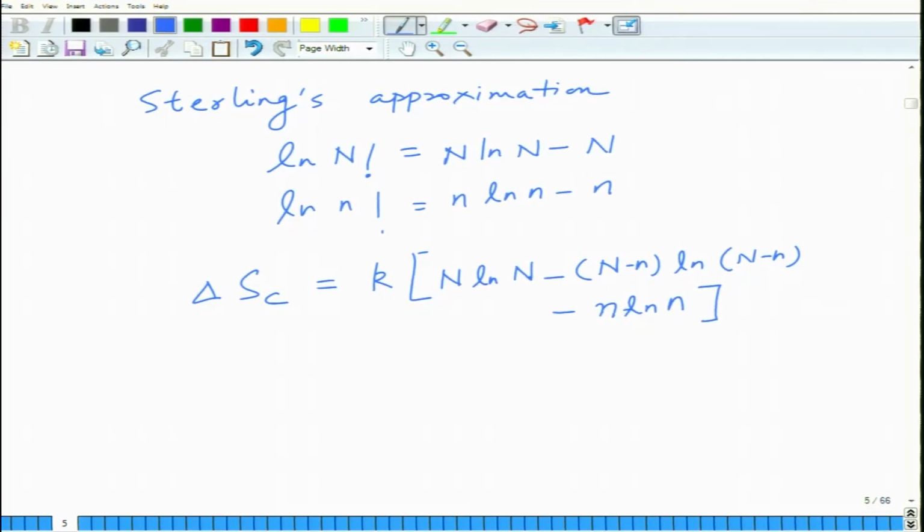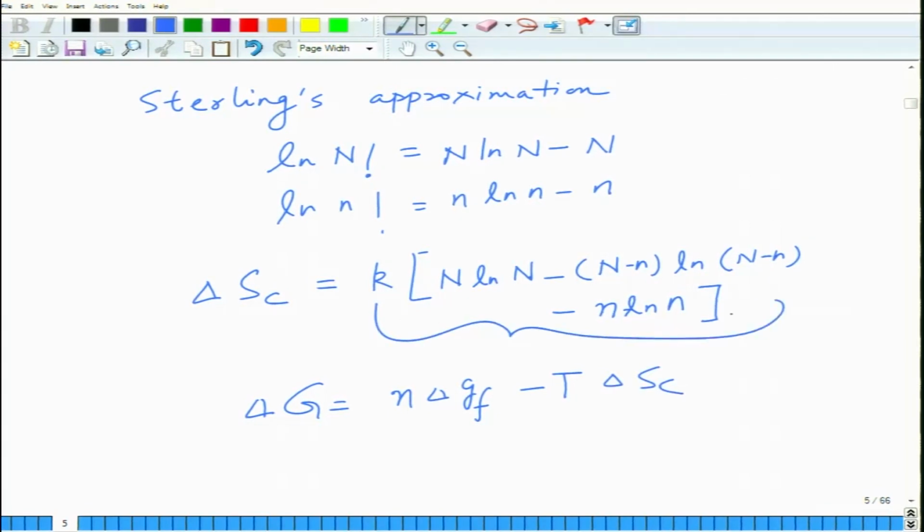This is what you will get after you apply this approximation, and then you substitute of course in delta G. Delta G will be equal to n delta Gf minus T delta SC.